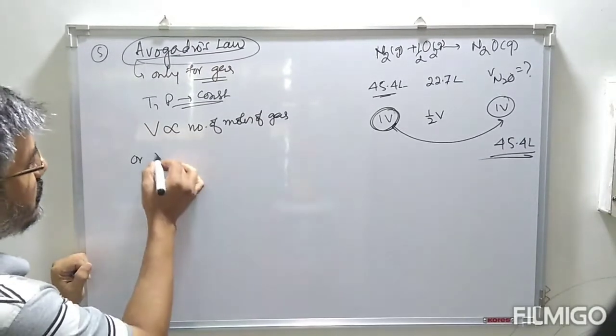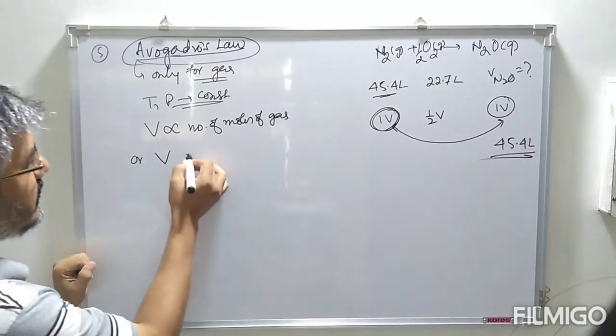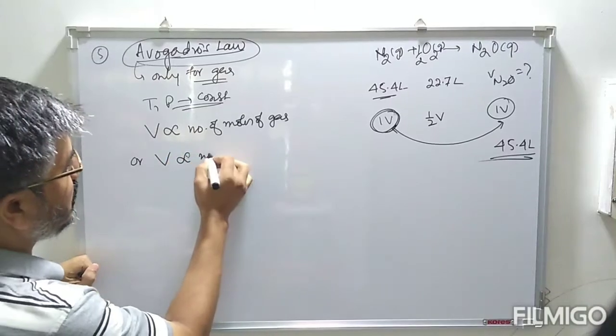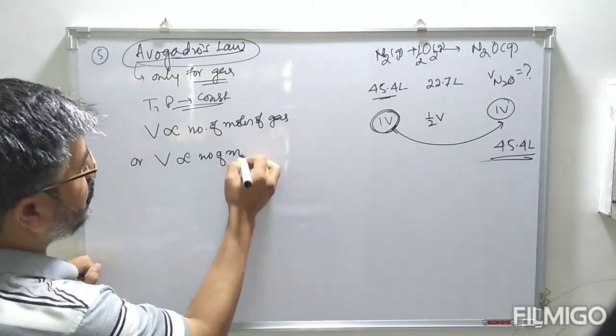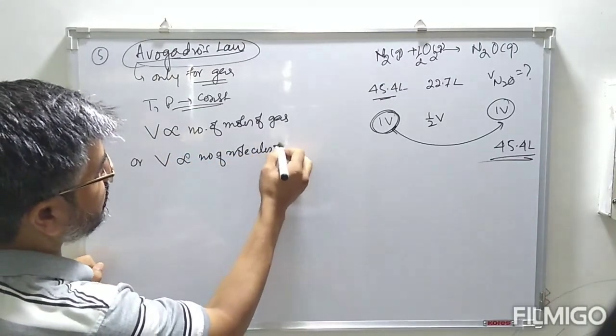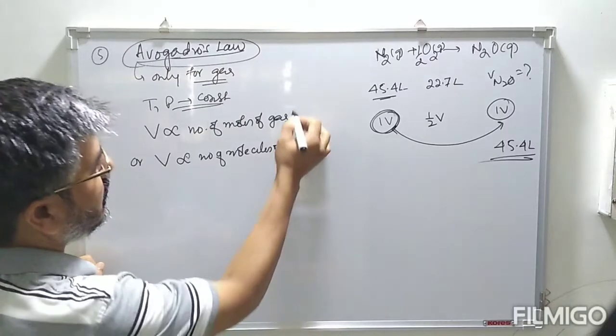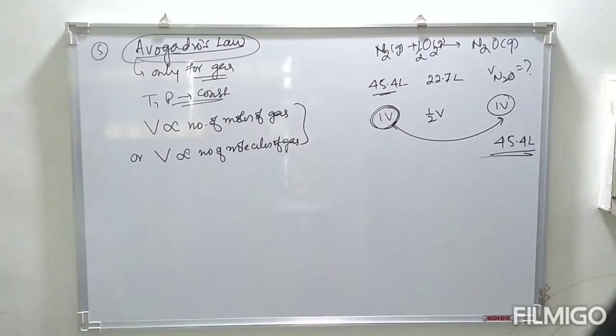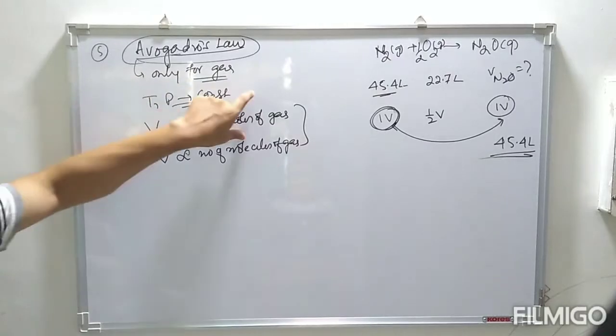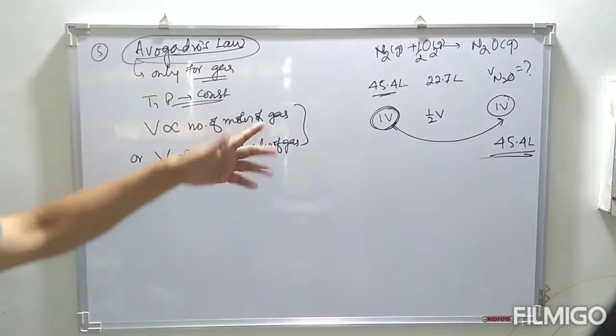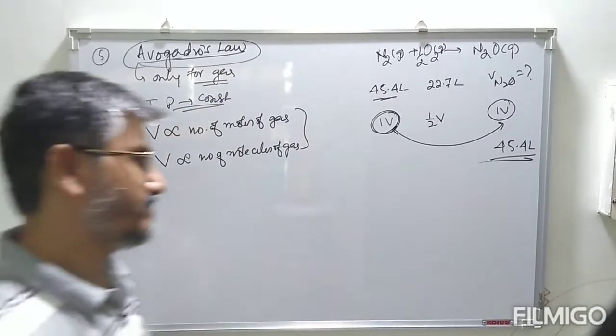Or we can say the volume occupied by the gas is directly proportional to the number of molecules of gas. So with pressure and temperature remaining constant, volume is directly proportional to the number of moles or number of molecules of gas.